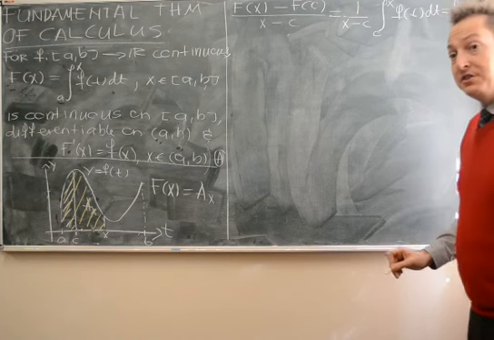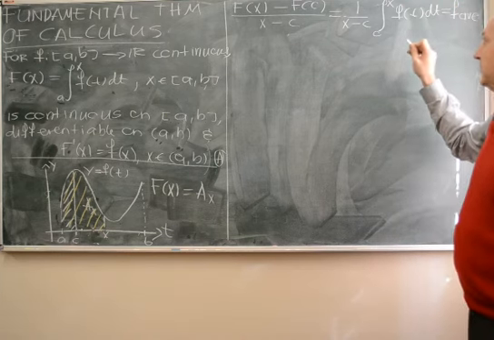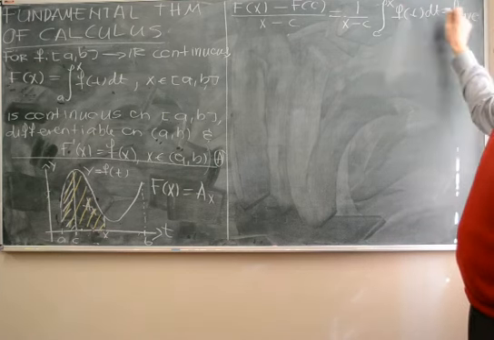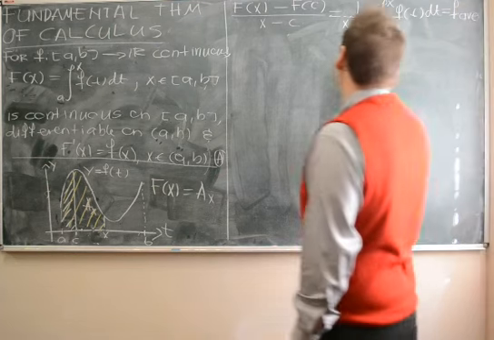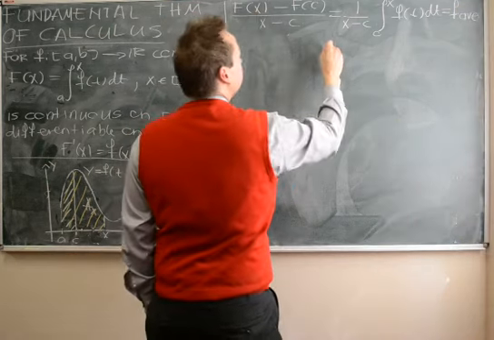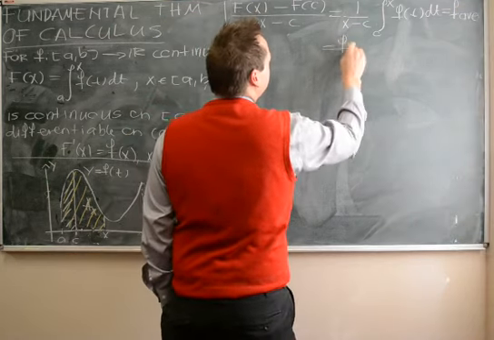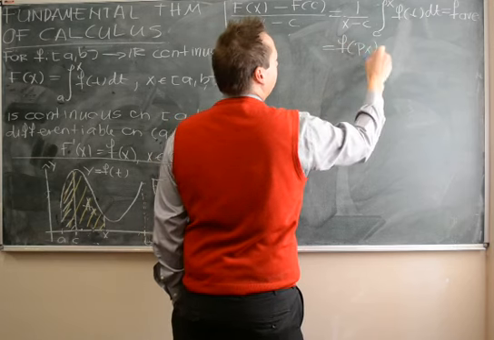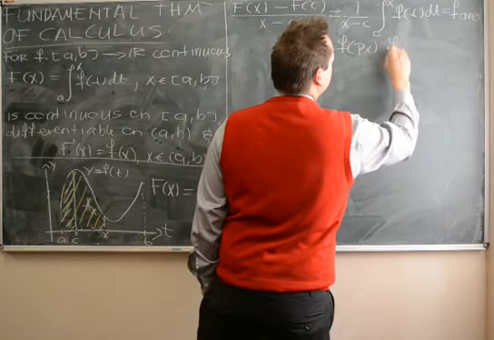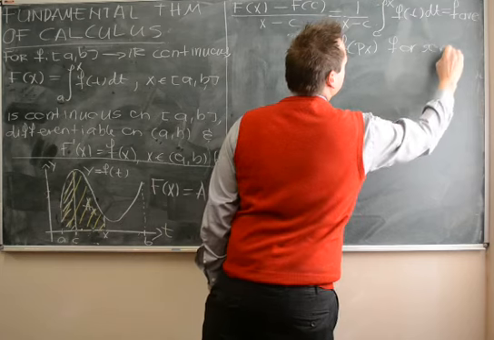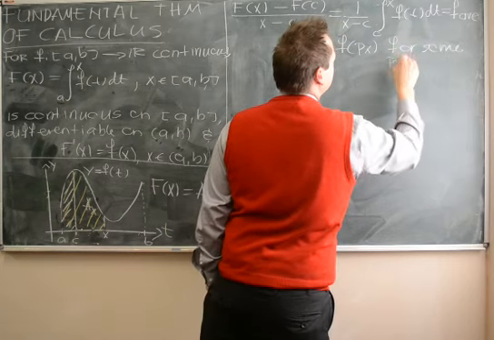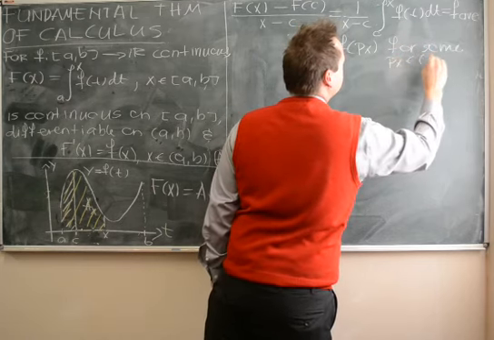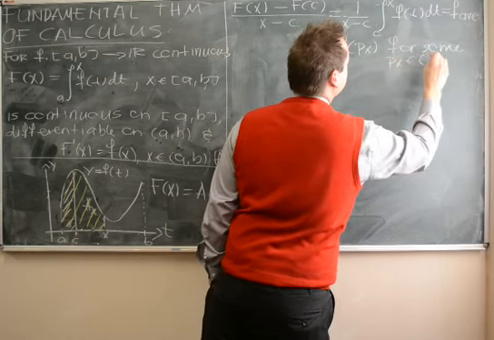Because f is continuous, it equals its average value at some point on this interval. So we have this quotient equals f of p_x for some p_x in this interval from c to x.